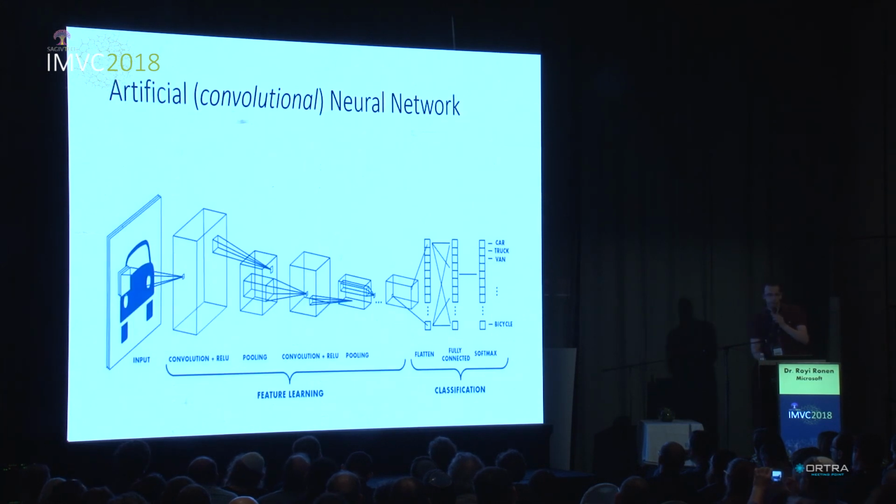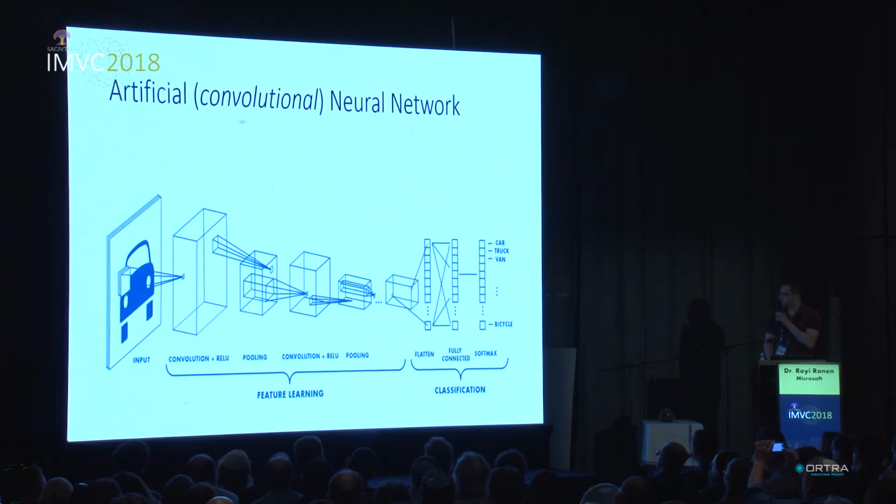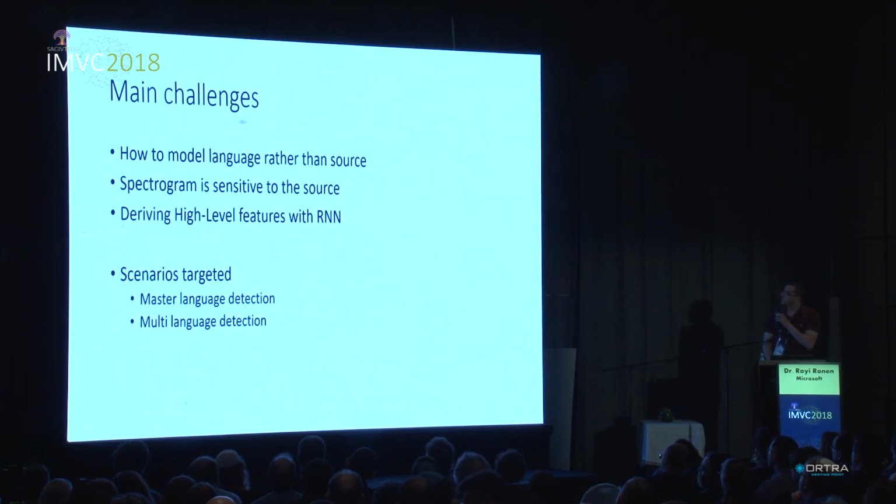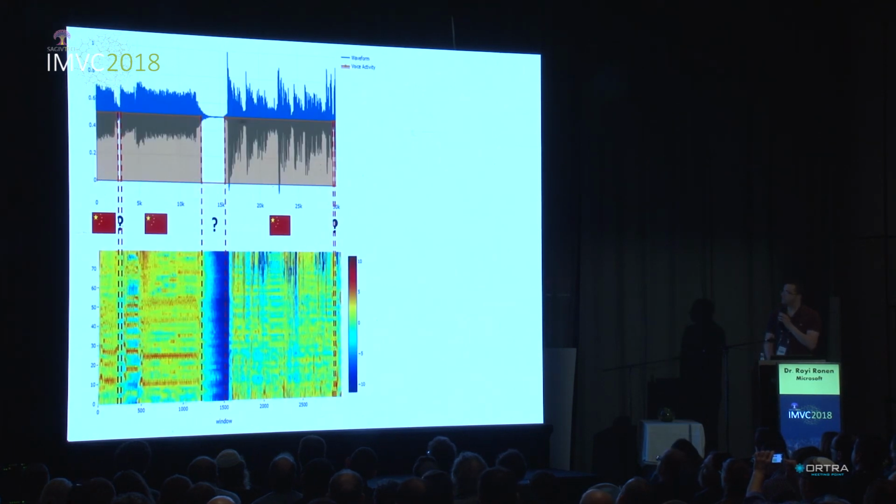Okay, the convolutional neural network, your vision guys, so we'll just say that it takes parts of the visual input and aggregates it into higher level features, and then uses a fully connected network in order to classify. Okay, the main challenge is how to model the language rather than the source.